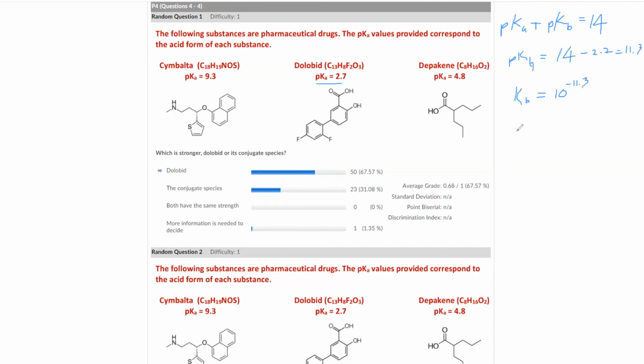And the pKa is 2.7. Therefore, Ka is equal to 10 to the power of minus 2.7.